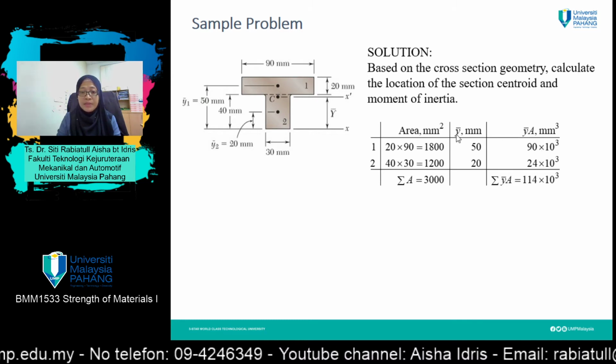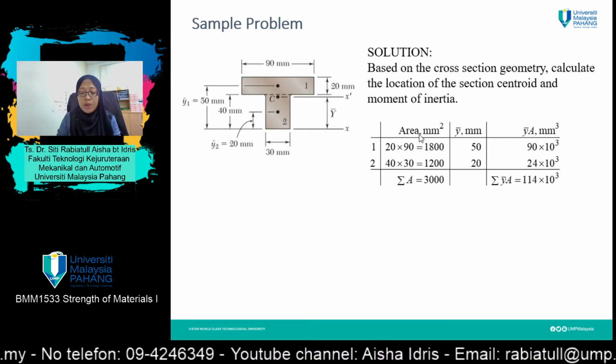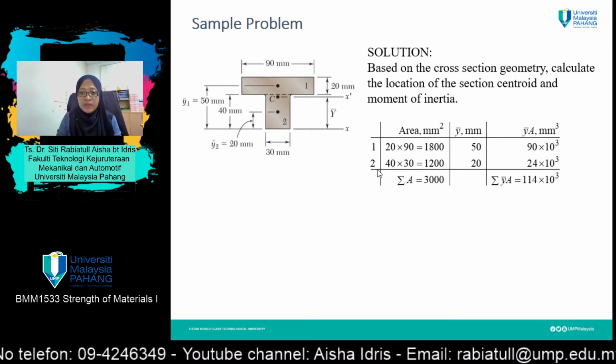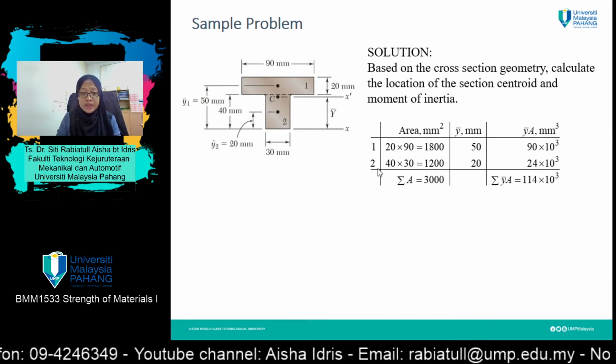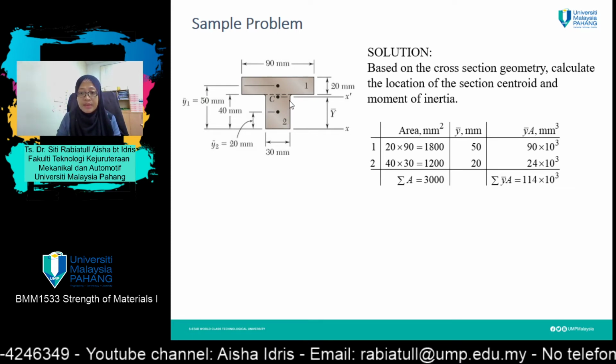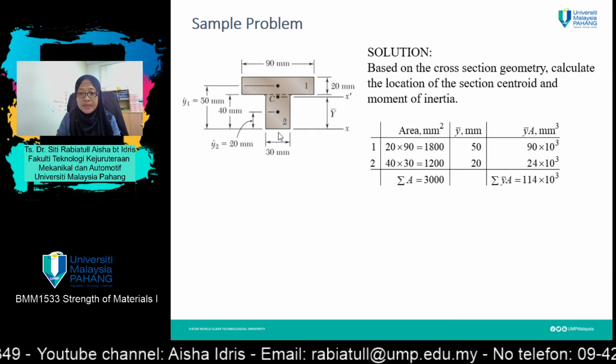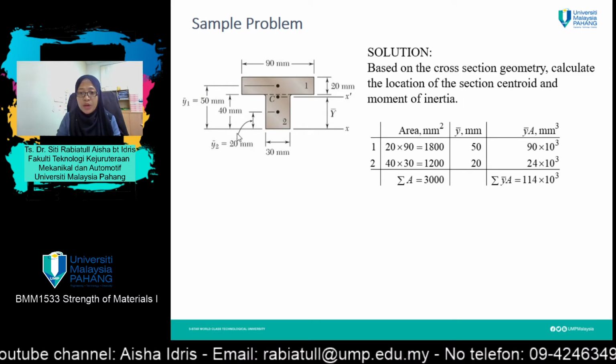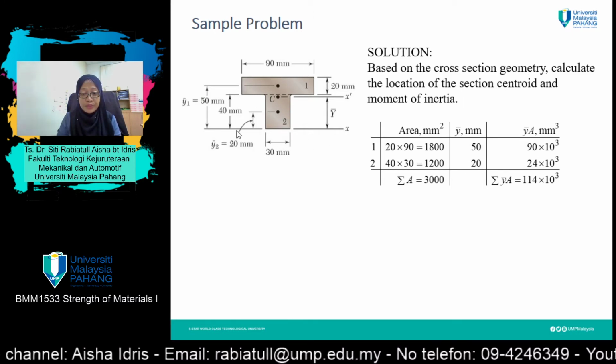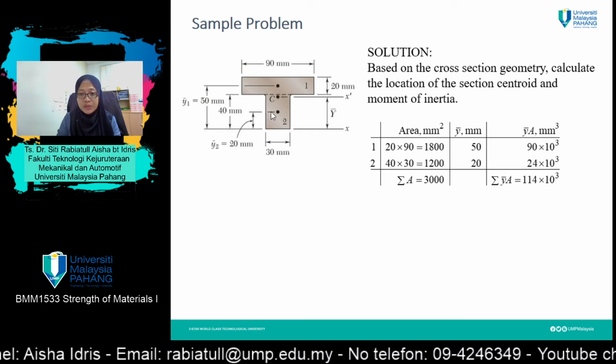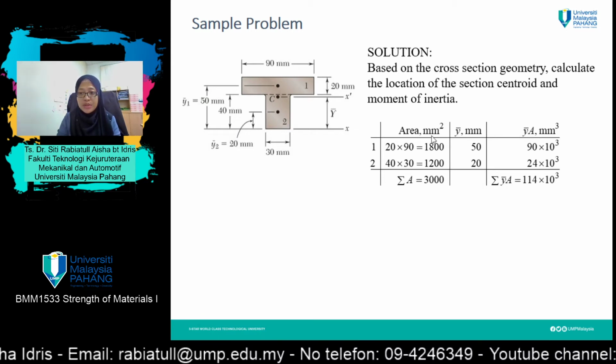After that, for section 2, the area is 40 times 30, and its y bar from the neutral axis line to its centroid is 20.